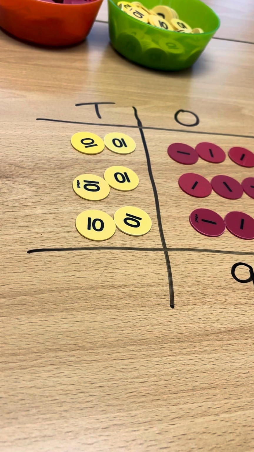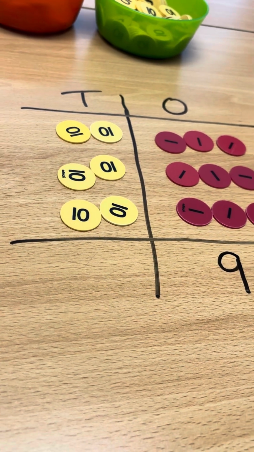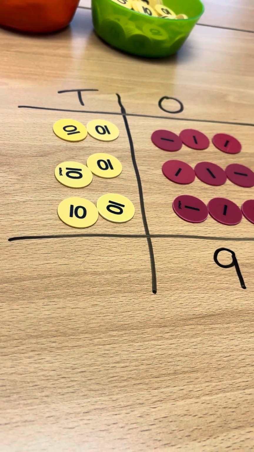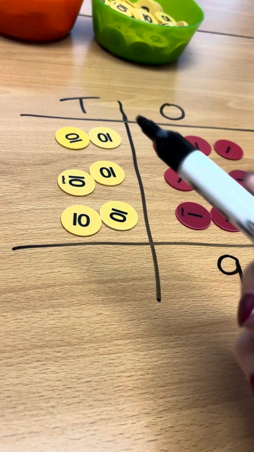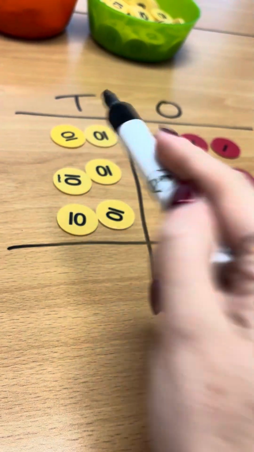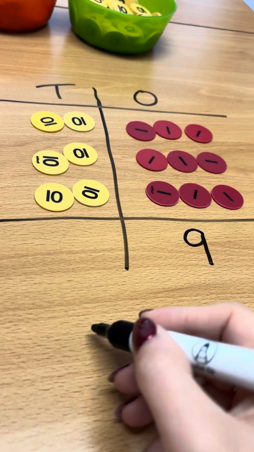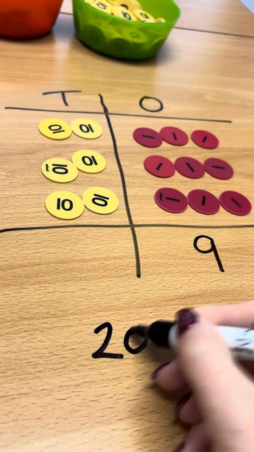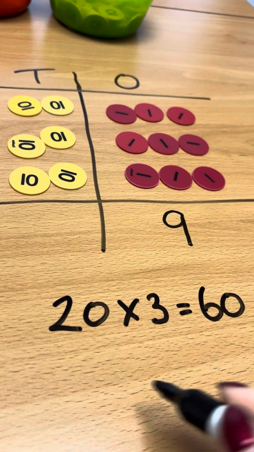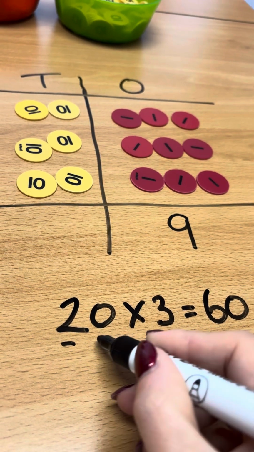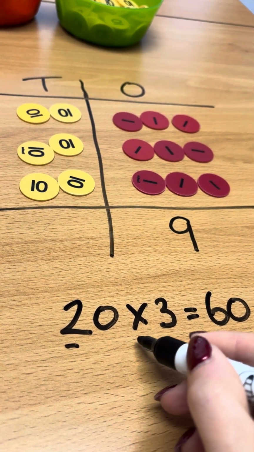Now, as you can see, in the same way that we had 3 groups of the ones, we've also got 3 groups of the tens. So when we're multiplying this, we're going to do 2 tens 3 times. And if I just show you down here, 20 times 3 is 60. But you can also see the 2 tens times 3.